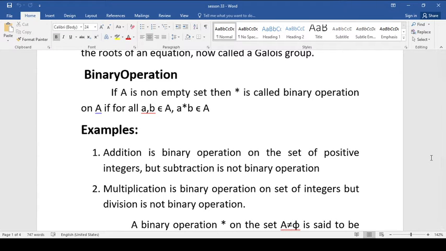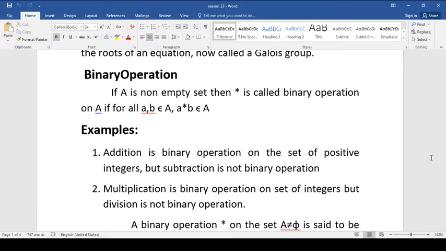If A is any non-empty set, then star is called a binary operation on A if for all a, b belongs to A, a star b belongs to A. So instead of considering any particular operation, we have considered a general operation, that is a binary operation, and that is star.